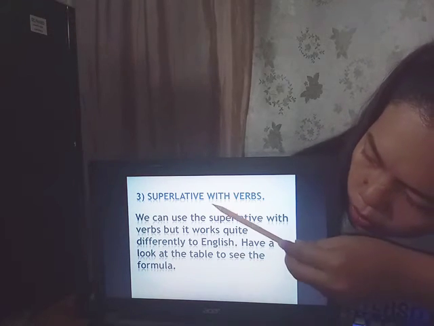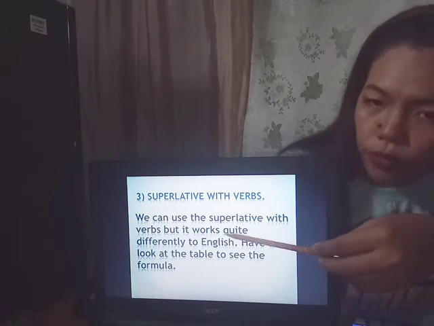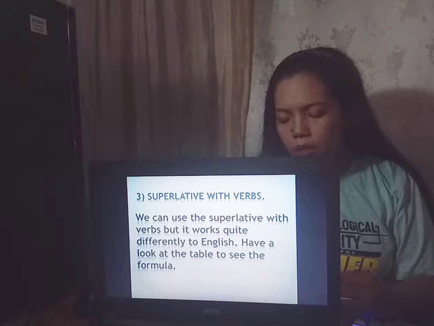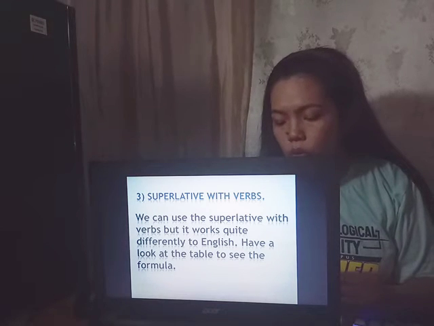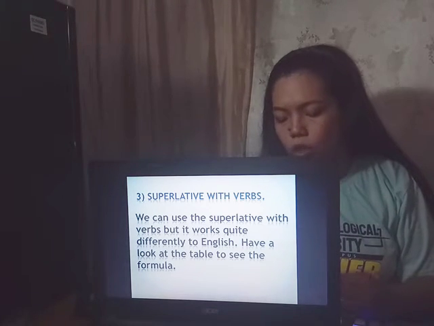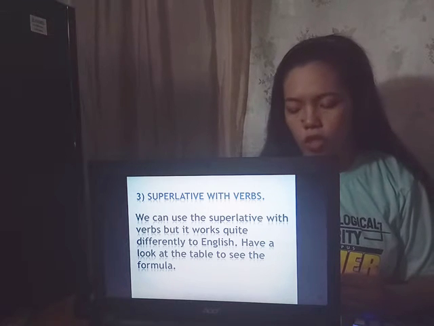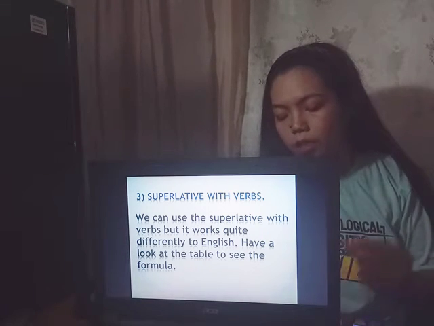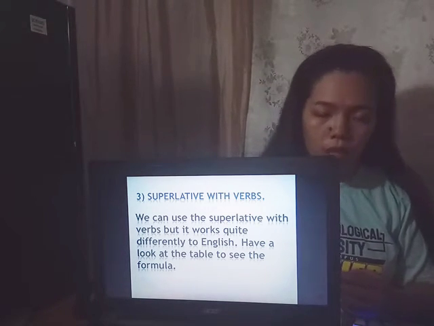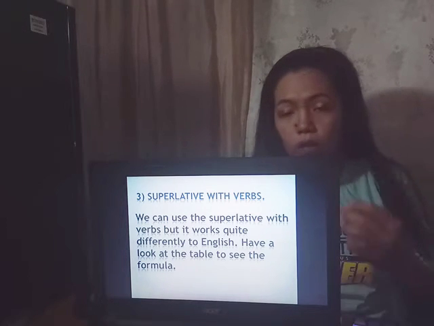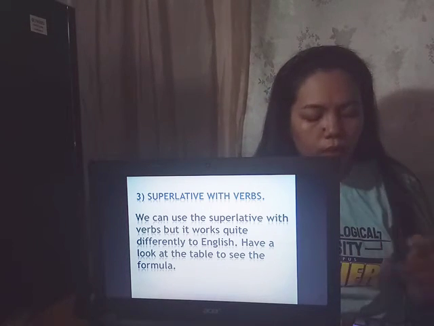As you can see there, superlative with verbs. We can use superlative with verbs, but it works quite differently to English. Have a look at the table to see the formula. Right now I'm going to give you another set of formulas.